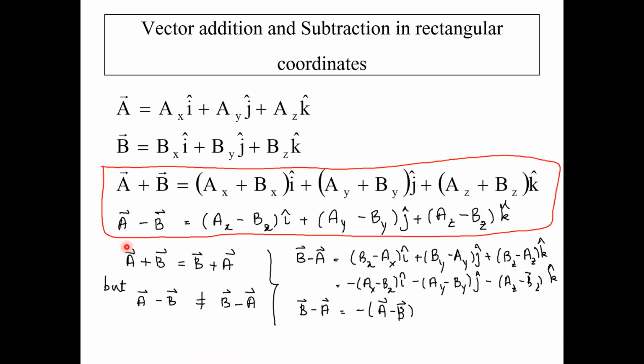And the subtraction A minus B is (Ax minus Bx) i plus (Ay minus By) j plus (Az minus Bz) k. You will see that the commutative property holds for addition: A plus B equals B plus A. However, if you do B minus A, you will see that it is the negative of A minus B. So it does not commute for subtraction.